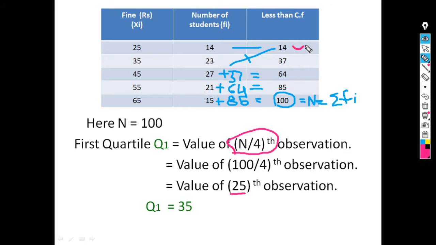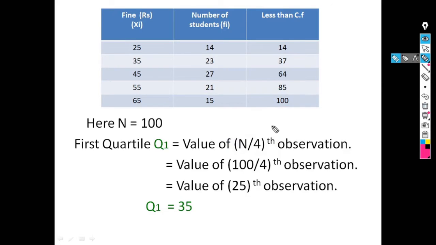So 14 is less than 25, so it is not the value of Q1. Then 37 is the first value which is just greater than 25. So this is our Q1 class. Means you have to check the first value which is just greater than 25.